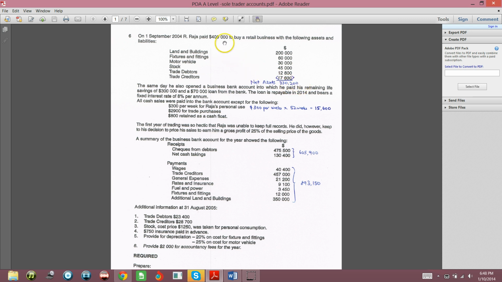Then why was Raja a bit foolish? Why did he want to pay 400,000 when the net asset of the business is only 330,200? That is because that business has regular customers, has a trade secret, and a good relationship with suppliers.